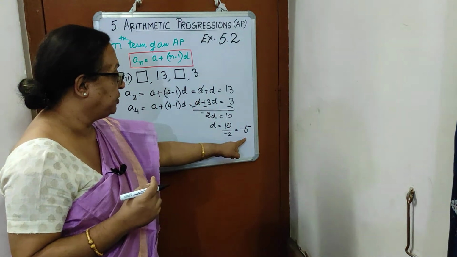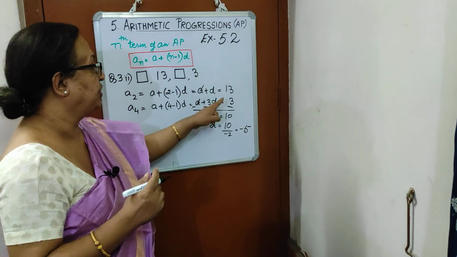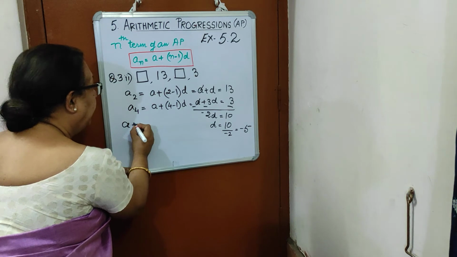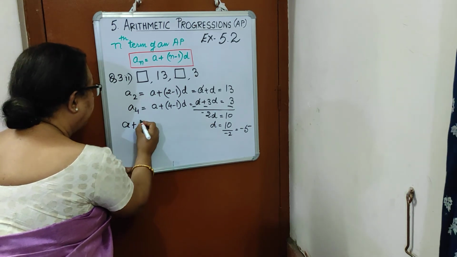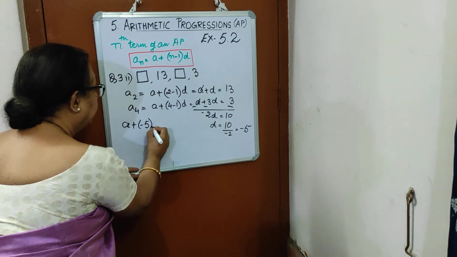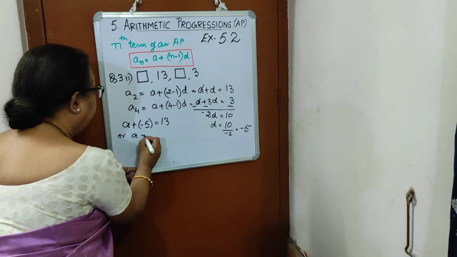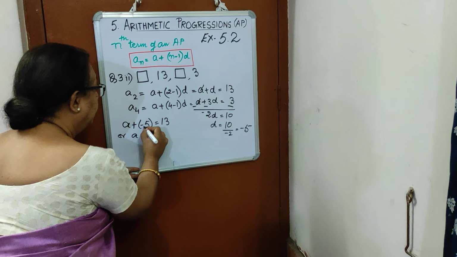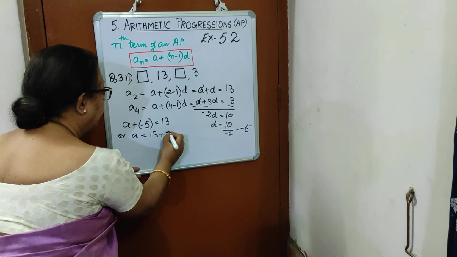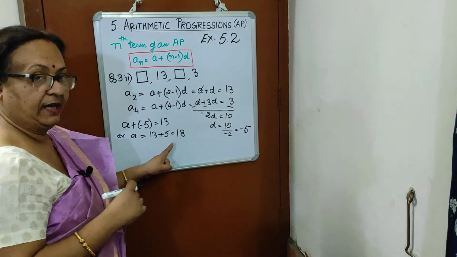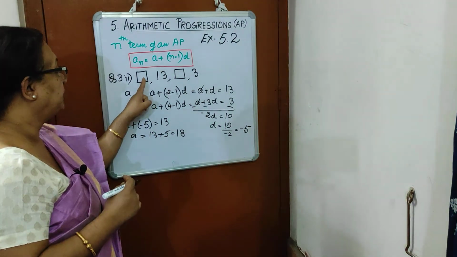Now, we can substitute this d in any of the equations to get the value of a. So let's substitute this in the first equation. You have a plus d, that is minus 5, equal to 13, or a will be 13 plus 5, that is equal to 18. So this is the first term a.